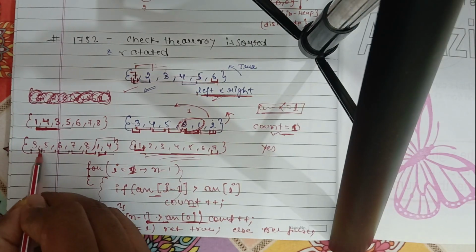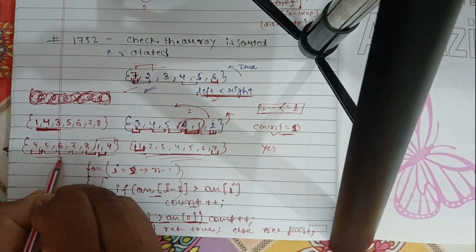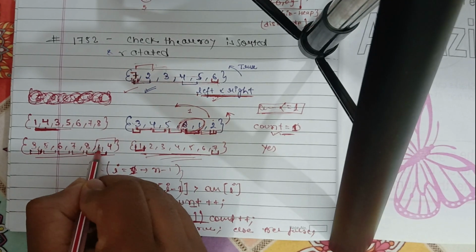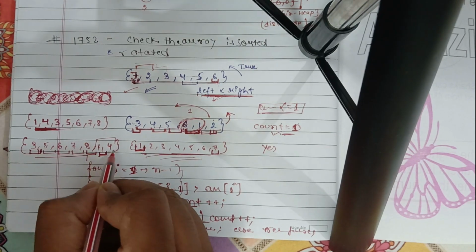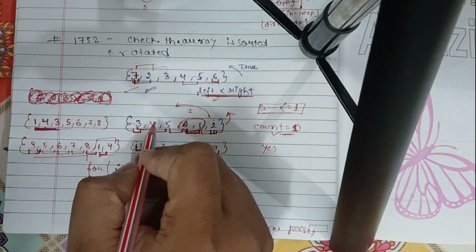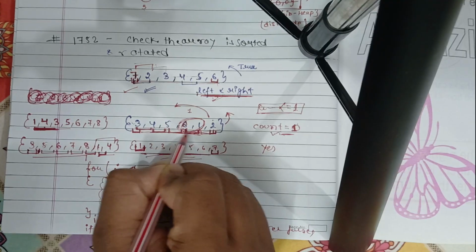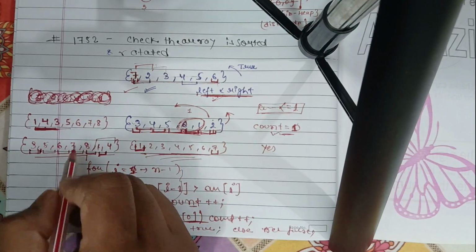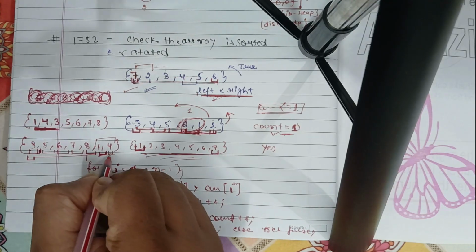You can also see 3 5 6 7 8 is increasing and only one time it is decreasing, 8 going to 1, and then it is increasing. So you may think it is the same as the condition we were doing, but actually it is not sorted. That's why we also need to check the first and last element, right?